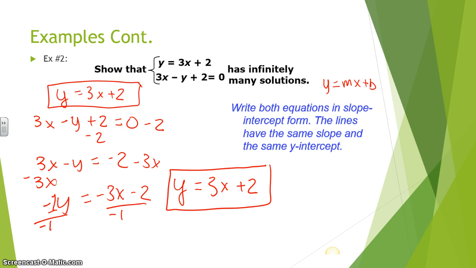That means they are coincident lines. And so for this situation, these two equations would be coincident and dependent, based on that chart that we looked at on the third slide.